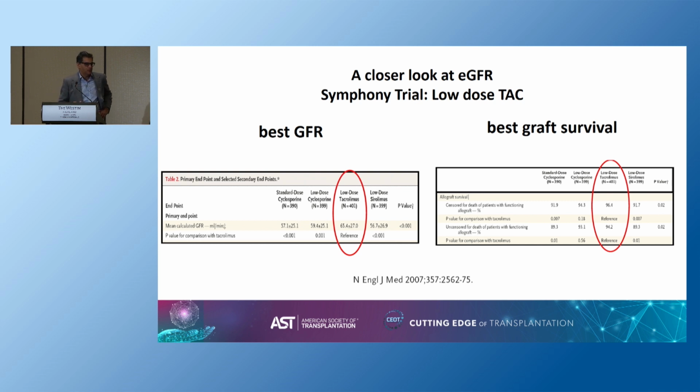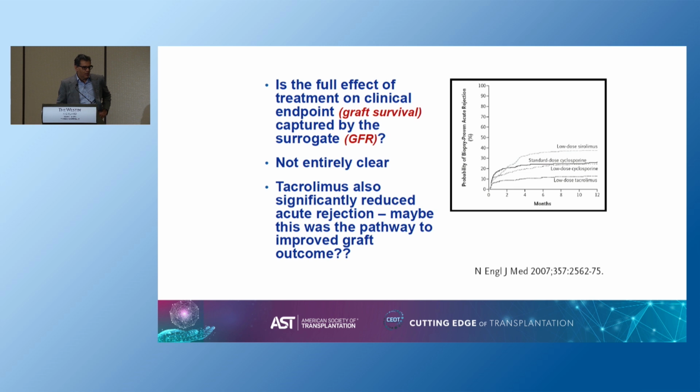This was a huge trial, obviously, and we all know that the low-dose TAC arm had better GFR and it had better survival. And so the question is, could GFR in this trial act as a surrogate? And the issue, of course, was that the low-dose TAC arm also had lower rejection rates.